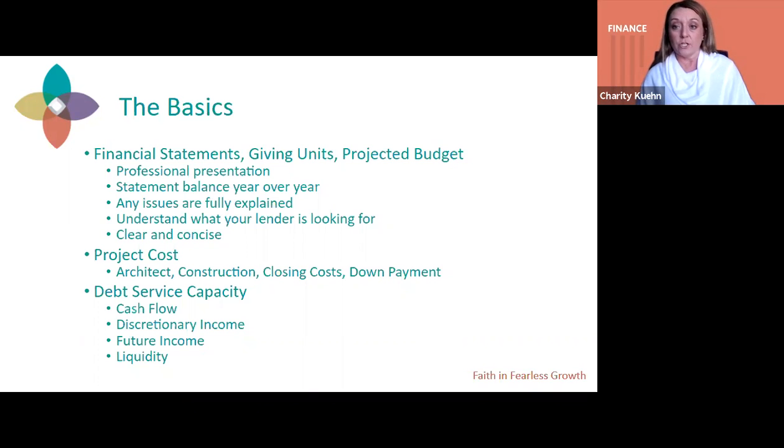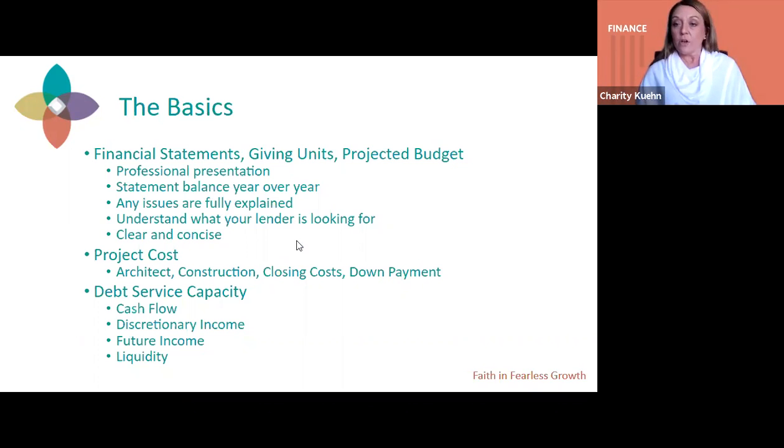Once you have all of that information and you've really dug into it, being able to answer any questions that might come up that look a little different, being able to fully explain anything within your finances that's maybe unusual is really important, because in my experience, once a bank or a lending committee that's going to approve a church loan goes down a curve because of something that's unusual, it's difficult to get them to turn around and look back at what is really happening.